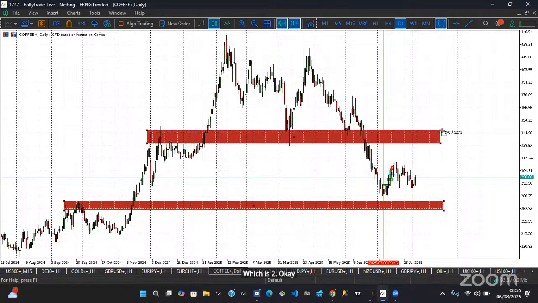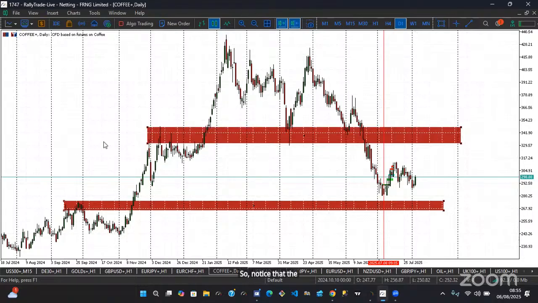Notice that the other time, after price broke out, it never came back here. Here remained unmitigated. Price kept pushing higher, created this resistance, this key level, by this massive retracement.